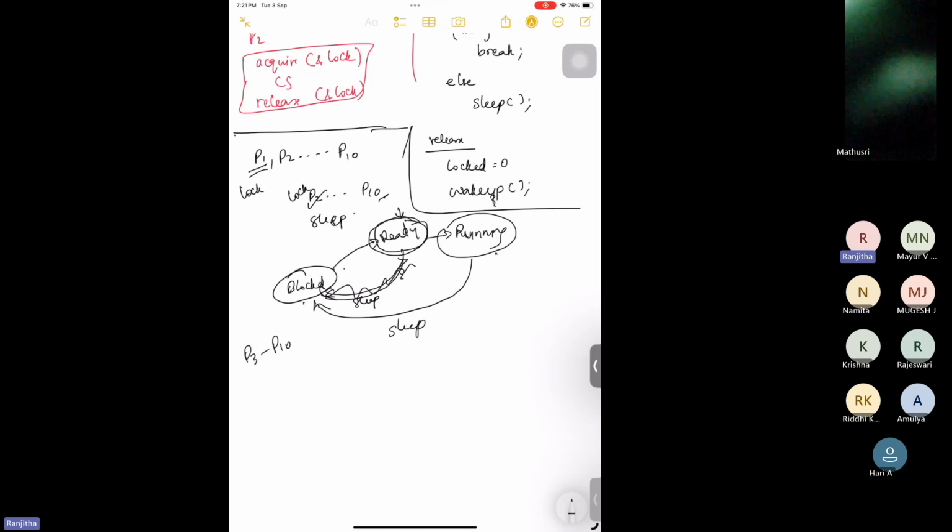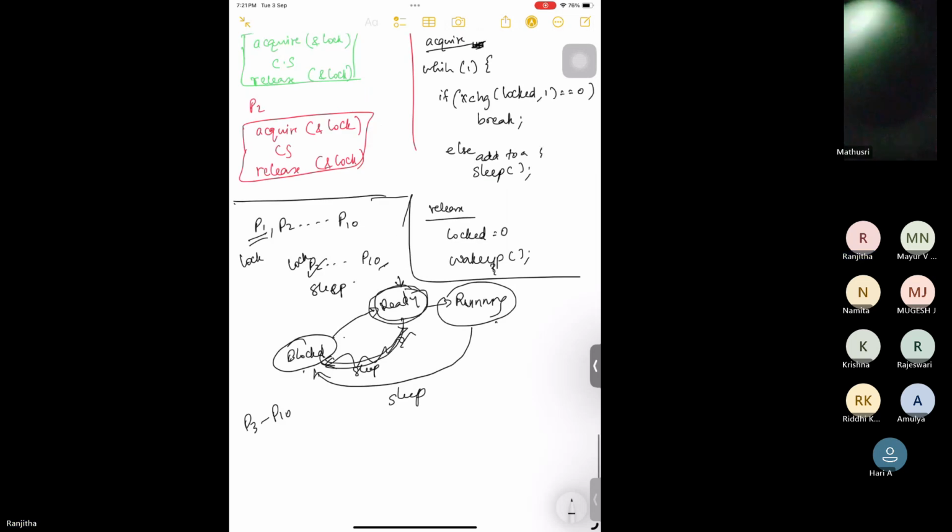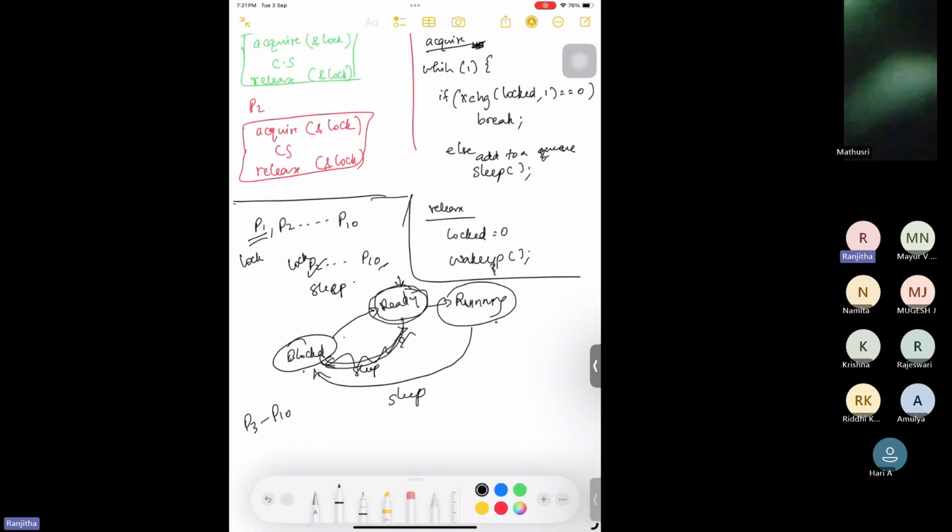So another solution to this is that instead of calling sleep directly, we add them to a queue, and then just before wake up, you remove one process P, and you wake up only that particular process.